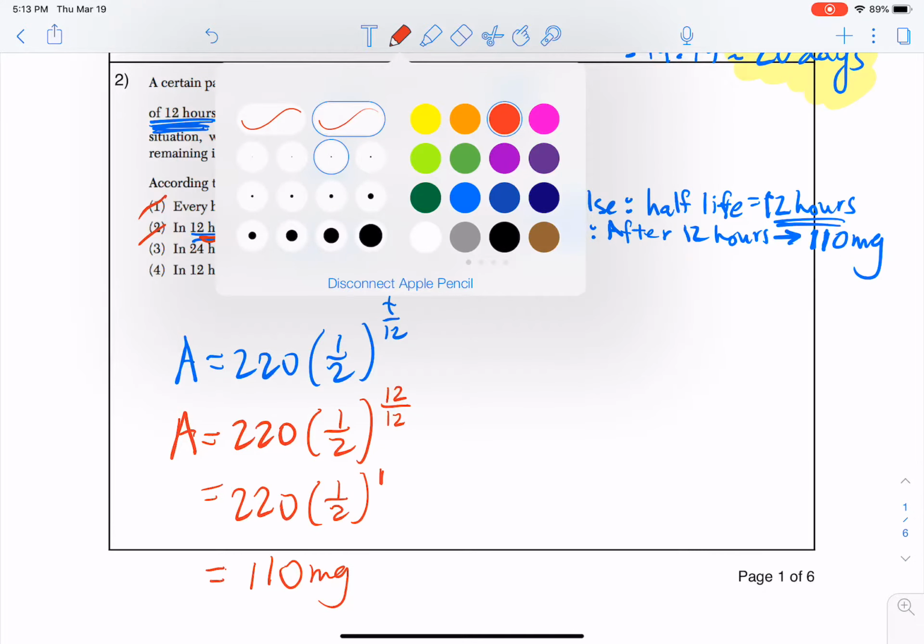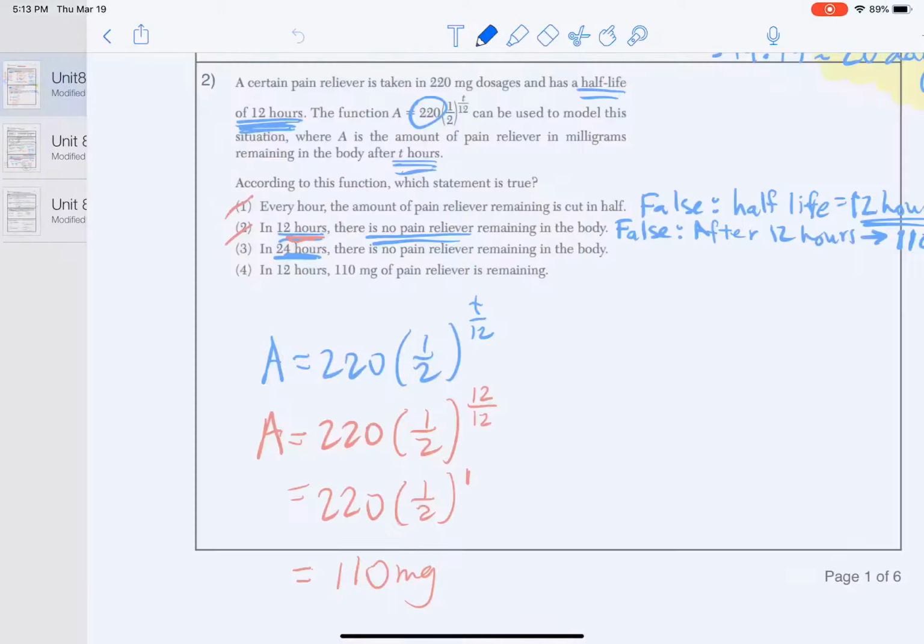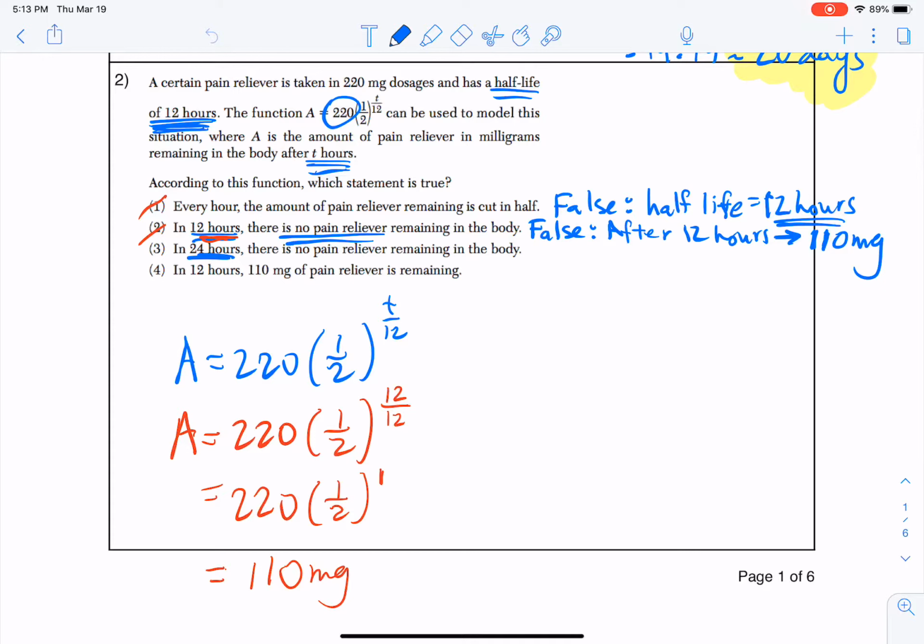All right, option 3. In 24 hours, there is no pain reliever left in the body. Well, how many half-lives will we have gone through in 24 hours? 2. You're right if you said 2.